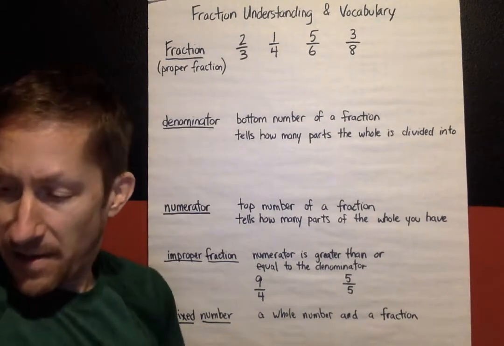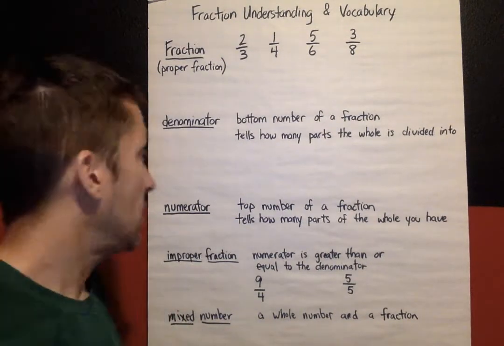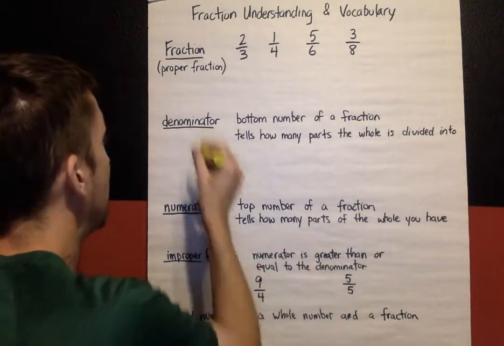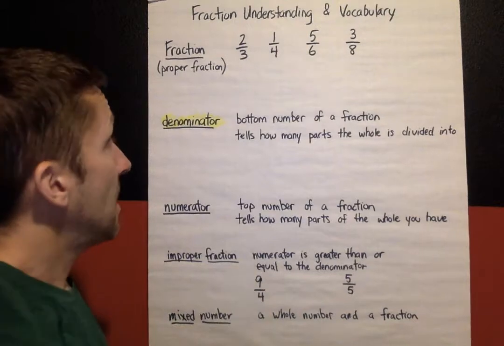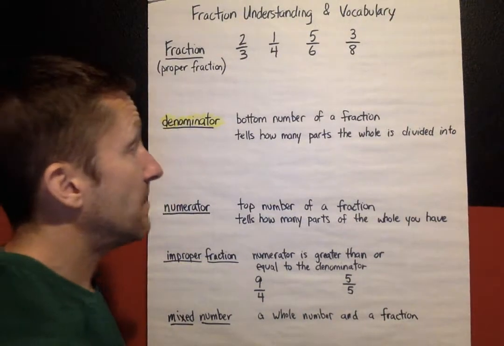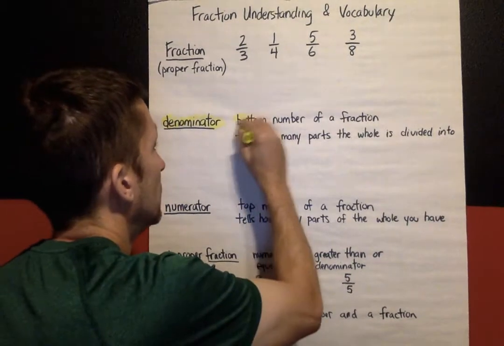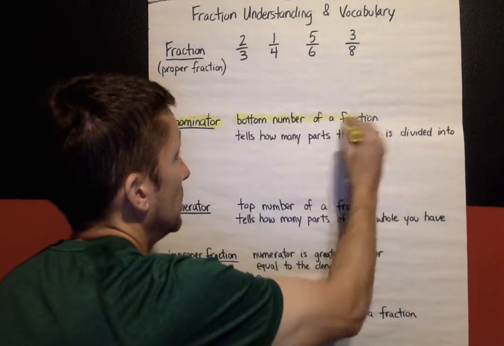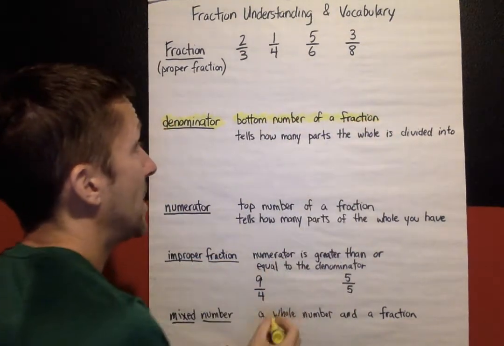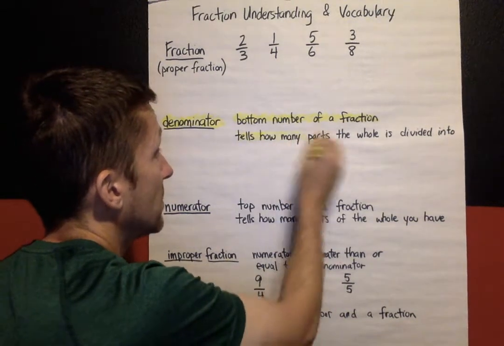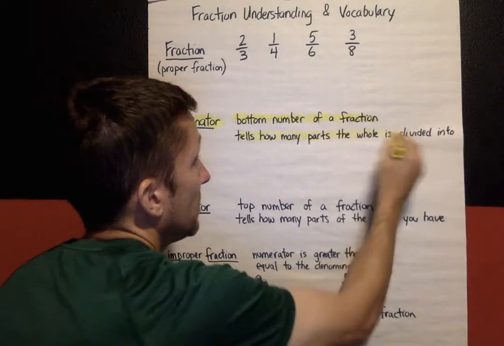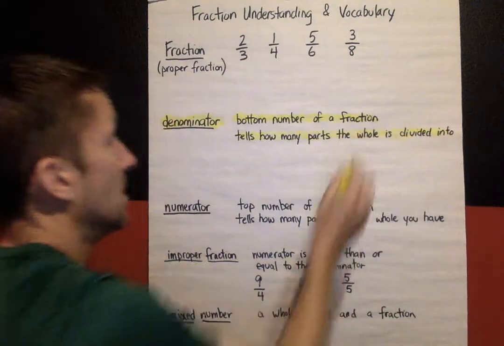So, the very first thing that I want to talk about in understanding fractions is the denominator. The denominator is the bottom number of any fraction. It tells how many parts the whole is divided into.